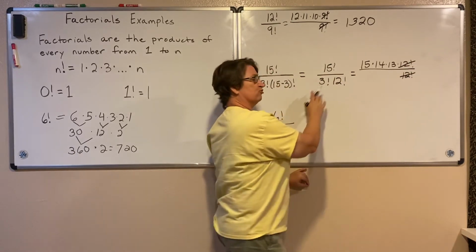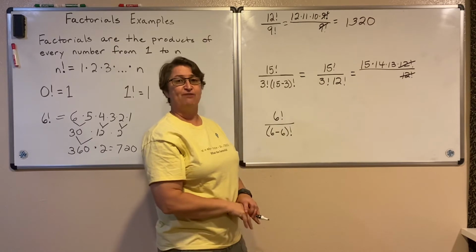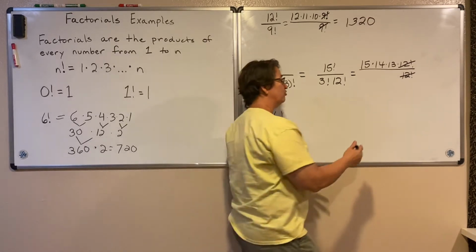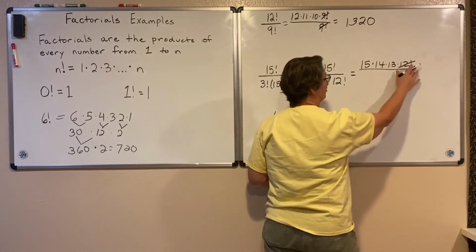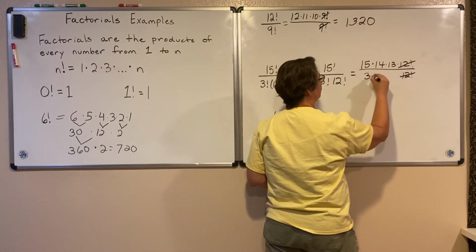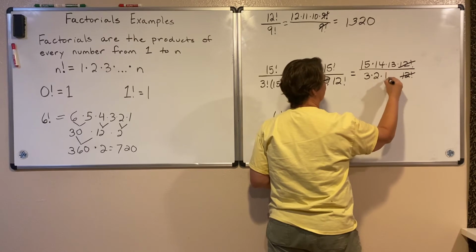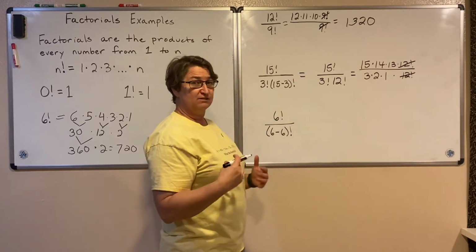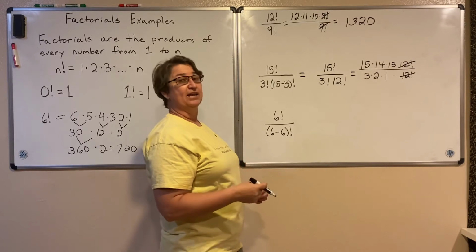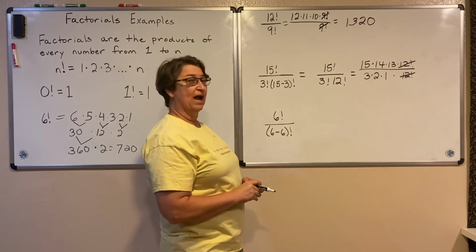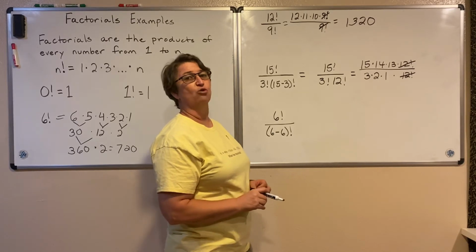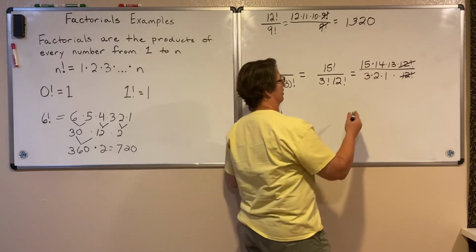Now I still have this 3 factorial here, and that 3 factorial means 3 times 2 times 1. So I do need that here. I don't have a 3 factorial on top, so I need to write it out as 3 times 2 times 1. But I do like to simplify if I can. And in these, when I'm doing the counting, I'm going to be able to simplify it. So we should simplify it all the way down to make it easier on ourselves.